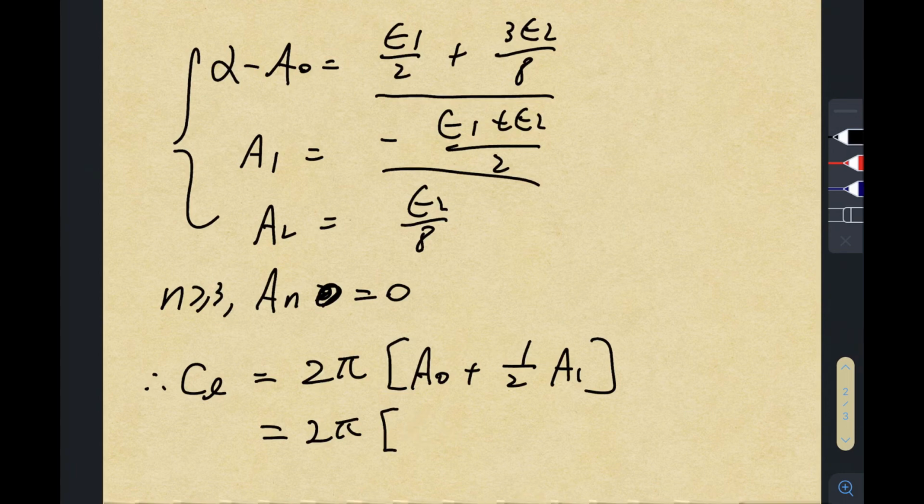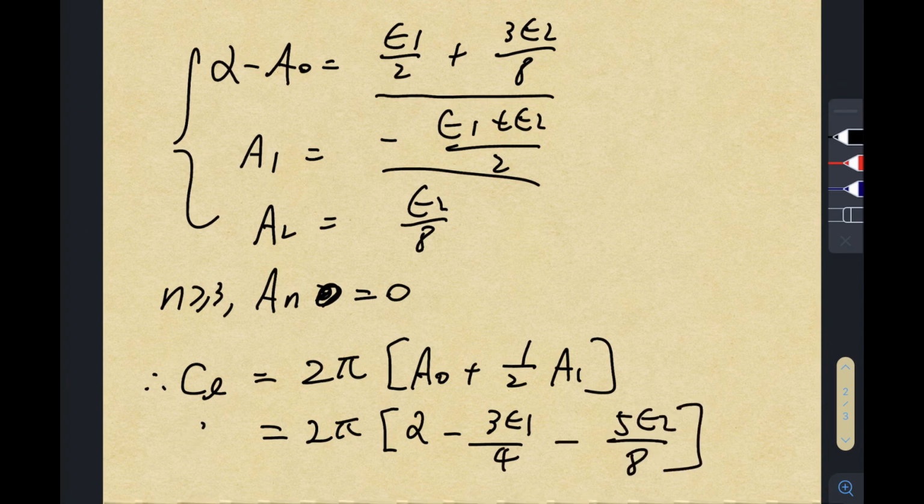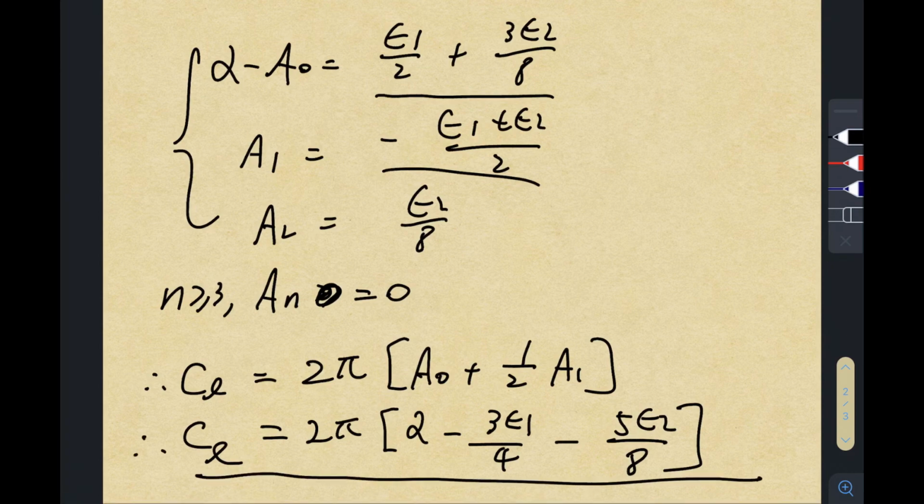So we arrange a little bit and get 2 pi times alpha minus 3 epsilon 1 over 4 plus 5 epsilon 2 over 8. Great, so this is what we got. We have the lift coefficient as a function of not just angle of attack, but also the shape parameters of the airfoil, epsilon 1 and epsilon 2. Okay, good.